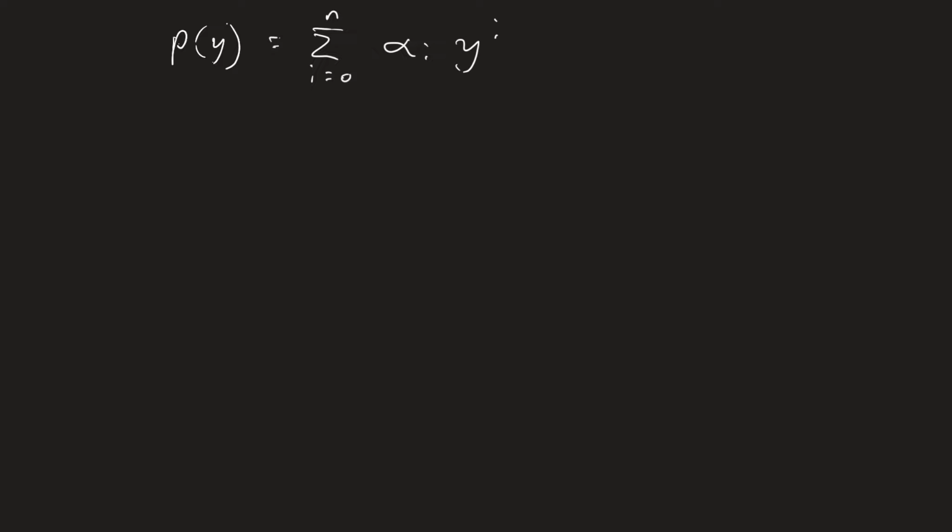This is how we formally write what a polynomial is. Of course, that's the same as saying alpha 0 plus alpha 1 times y plus dot dot dot plus alpha n minus 1 y to the n minus 1 plus alpha n y to the n. It's just a nicer way of writing the same thing.